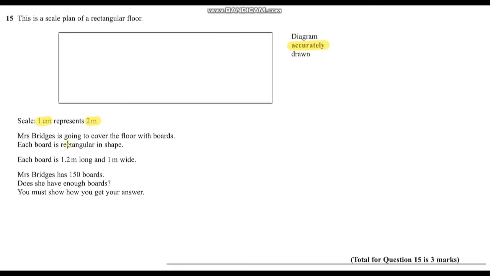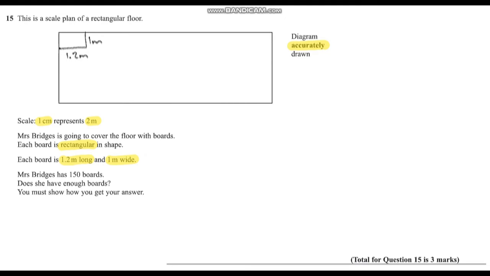Each board is rectangular in shape, and each board is 1.2 metres long and 1 metre wide. So it looks like we're going to cover this rectangular floor with boards that are something like this.